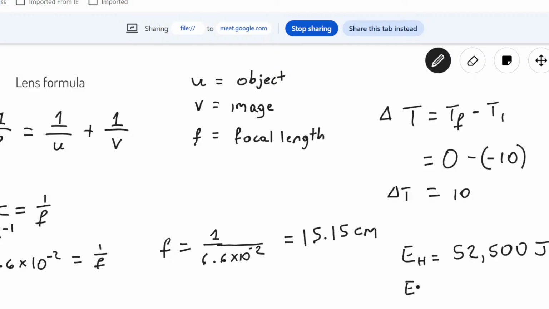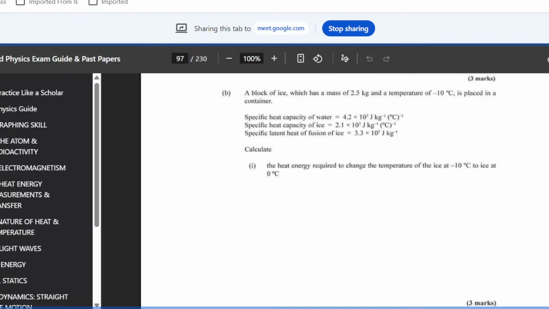So the energy to change the state from ice to water. The formula for the heat energy is mL, so it's just the mass times the latent heat of fusion.